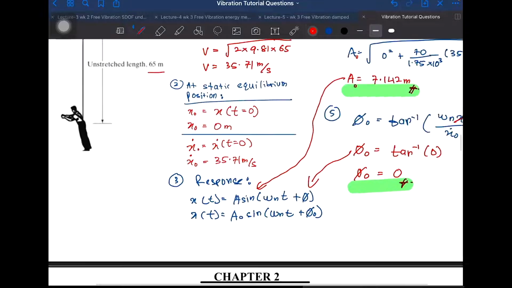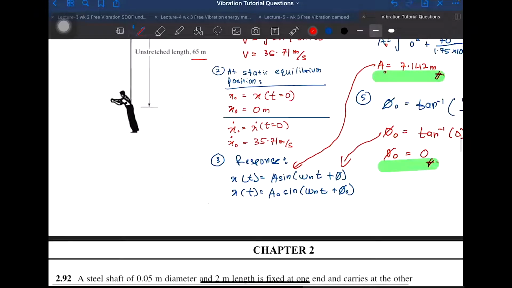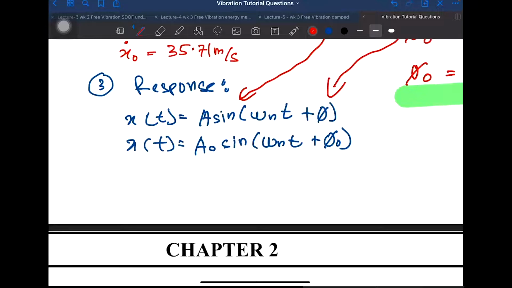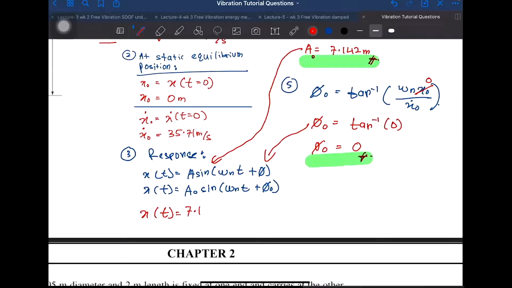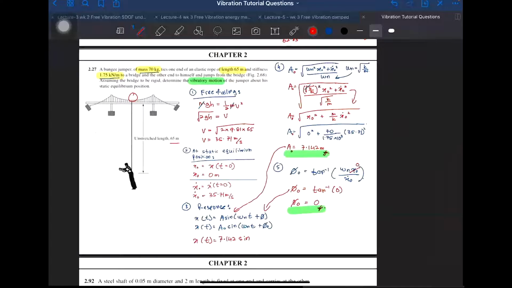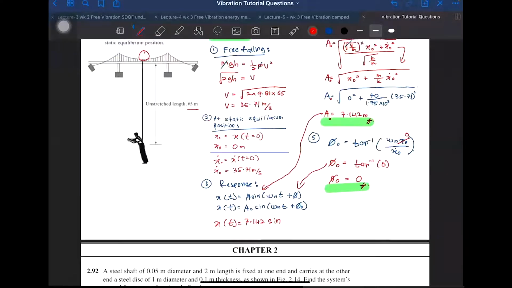So then you can rewrite it back as, and your omega n, oh sorry, I forgot to find the omega n just now, right?